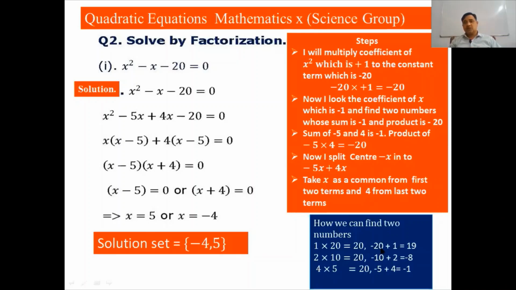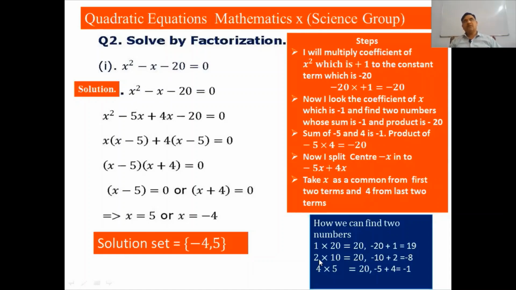So here is minus 20 and this is plus 1. When we add up these numbers, we have minus 19. So here there is a mistake. We need this to be minus 1.